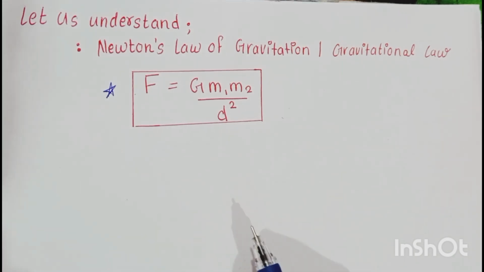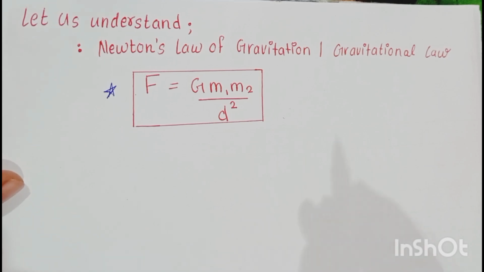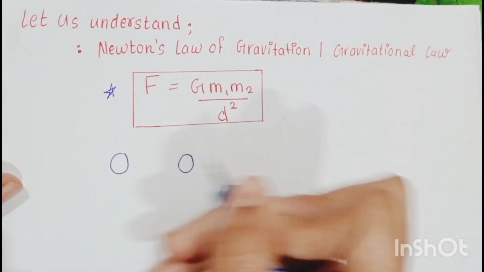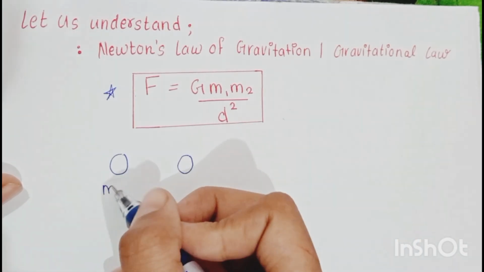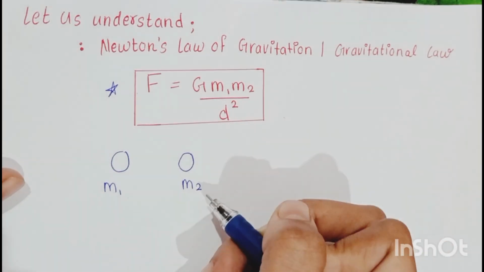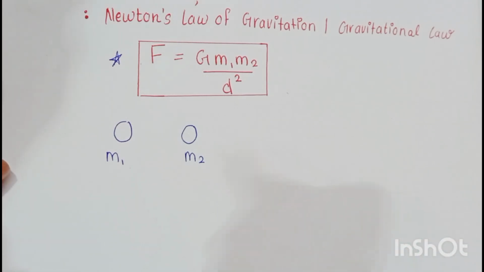So very first thing, what Newton said in this law of gravitation. Newton said that if there are two objects, let's say there are two balls, having masses, let's say this is m1 and this is m2. I'll be explaining with examples as well. Listen very carefully to what Newton said.